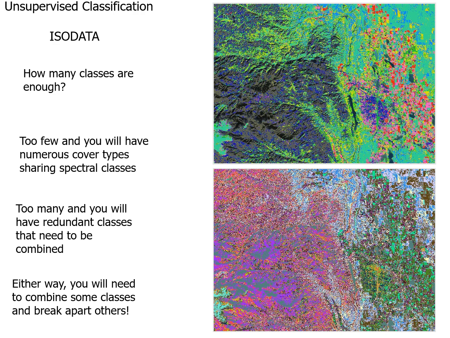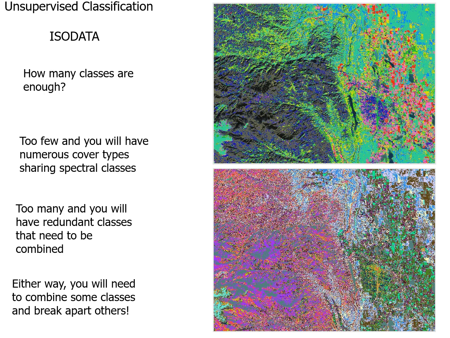So we've seen the case where there are too few. If you have too many, you're going to wind up with redundant classes. So you might wind up with 4 kinds of water, which is okay sort of in theory.